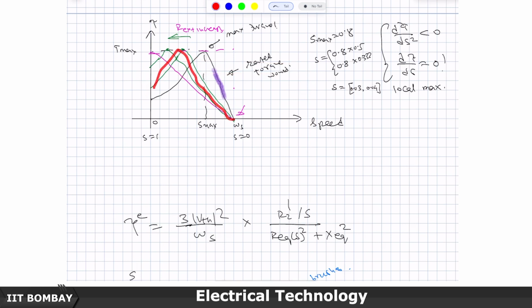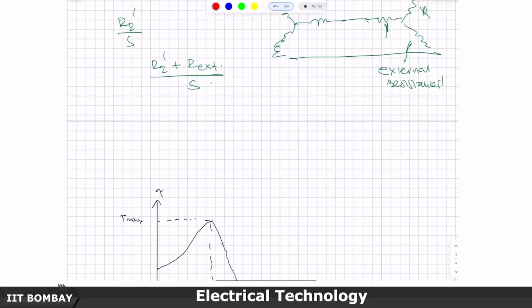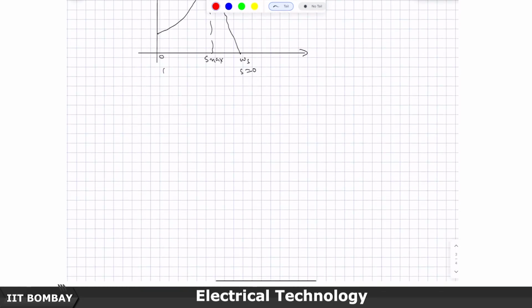But this is not the most efficient way of control, because as I said, the extra resistance which is introduced creates unnecessary losses. But for starting, this is a good, effective way of starting a slip ring induction motor. Now, let us come to the case of a cage rotor. Suppose the induction machine is a cage rotor machine.